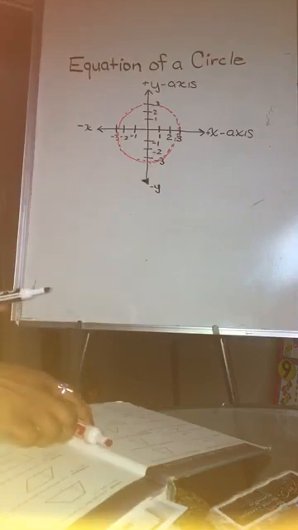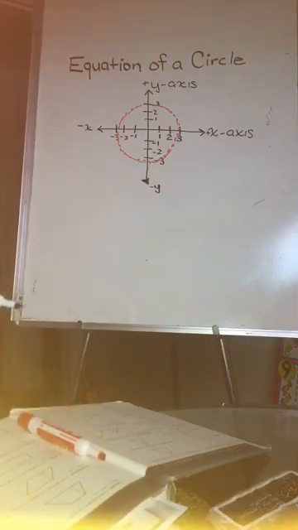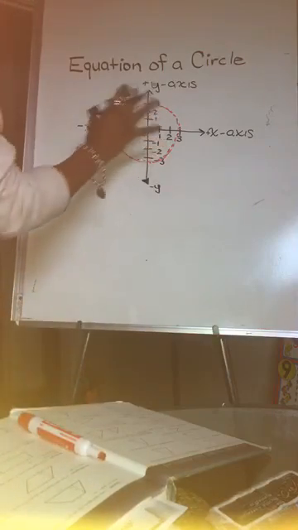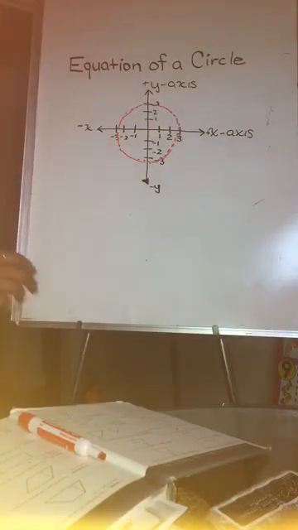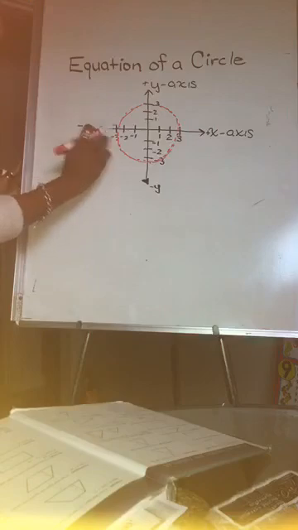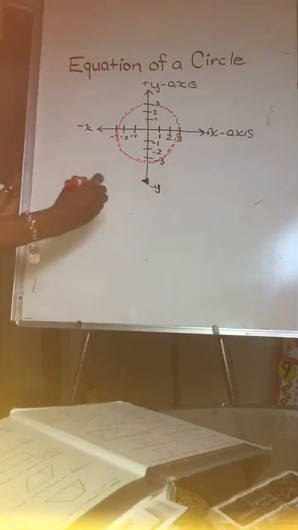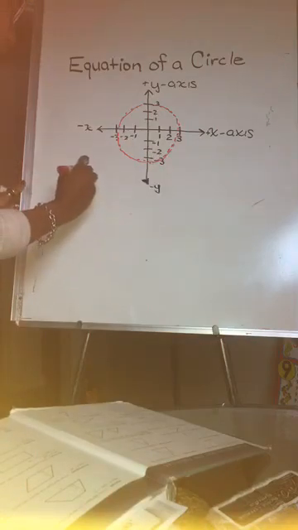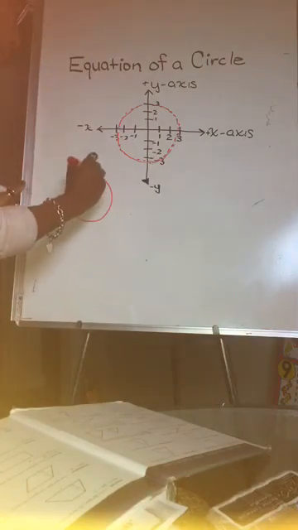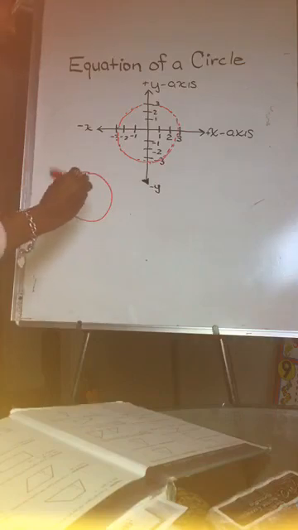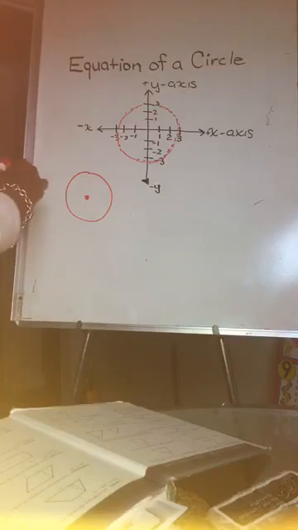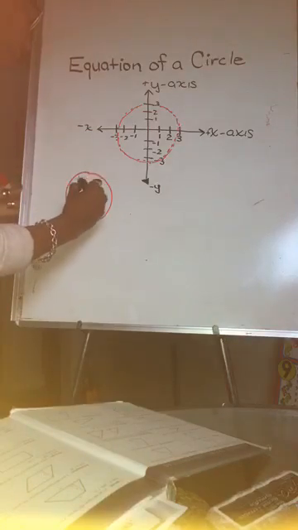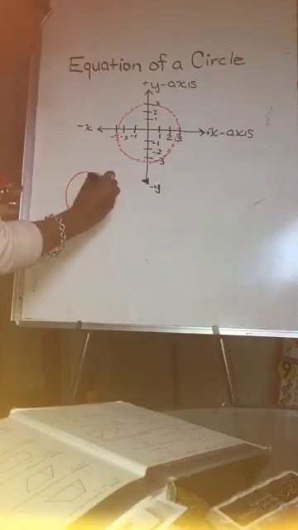Okay, so first, I'm going to zoom in on this circle, so I'm going to take it off of the grid. This is my X and Y coordinate grid, but I'm just going to draw a circle over here, kind of zoom in on it. And I'm going to put my dot as the center of my circle, and I'm going to create something that's called a radius.